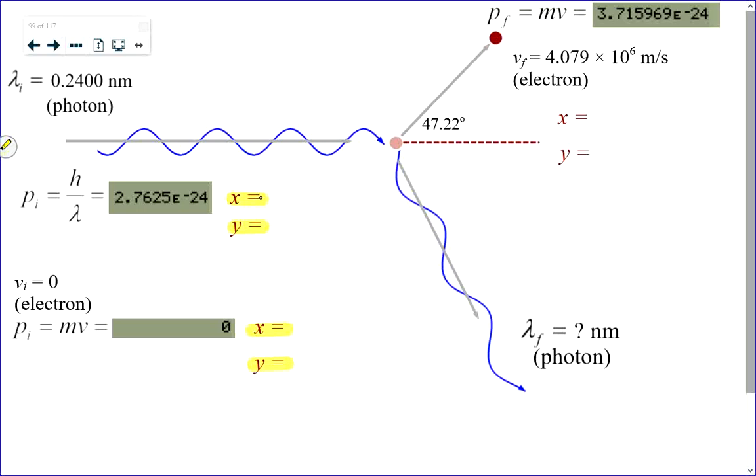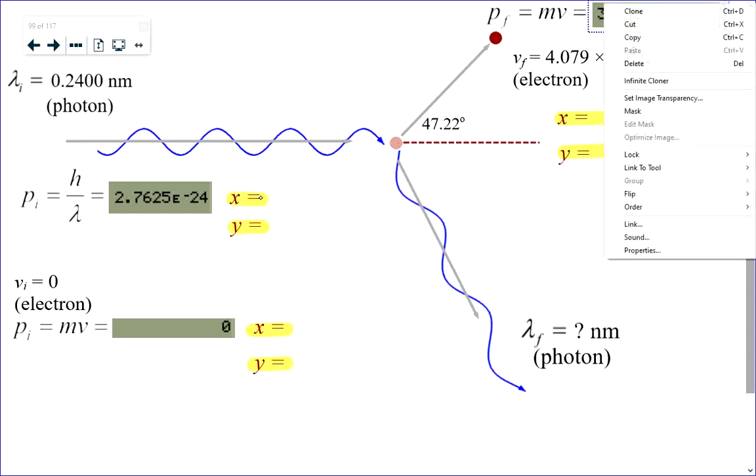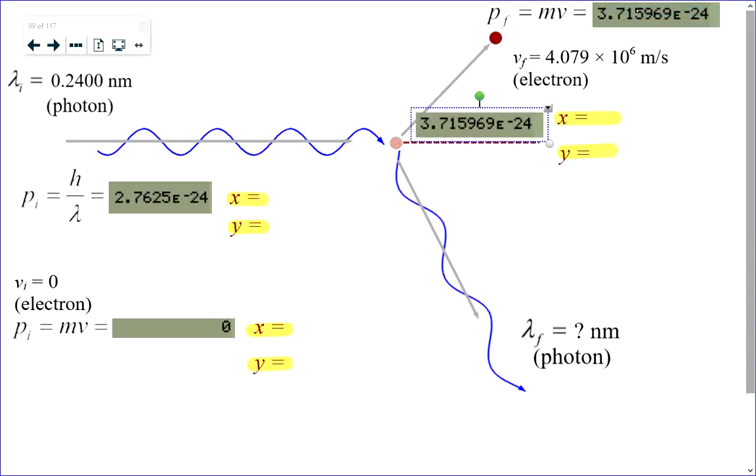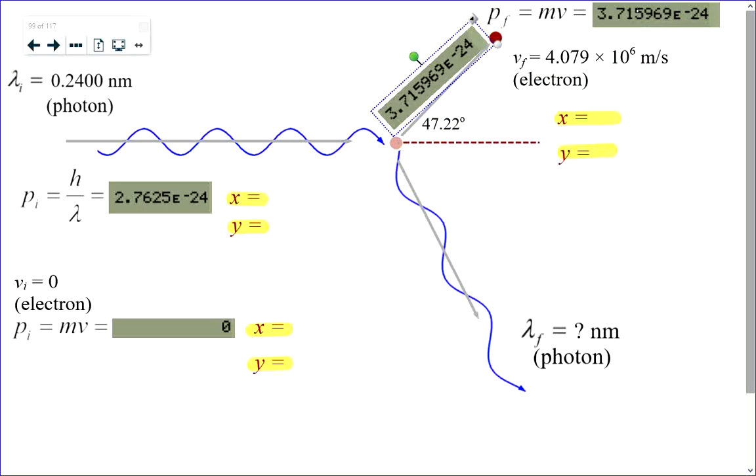Requiring a small level of trigonometry, we would need to use the hypotenuse here, and the hypotenuse of our vector diagram is the momentum that the electron has, and a right triangle would allow us to find with the angle the X and Y components.